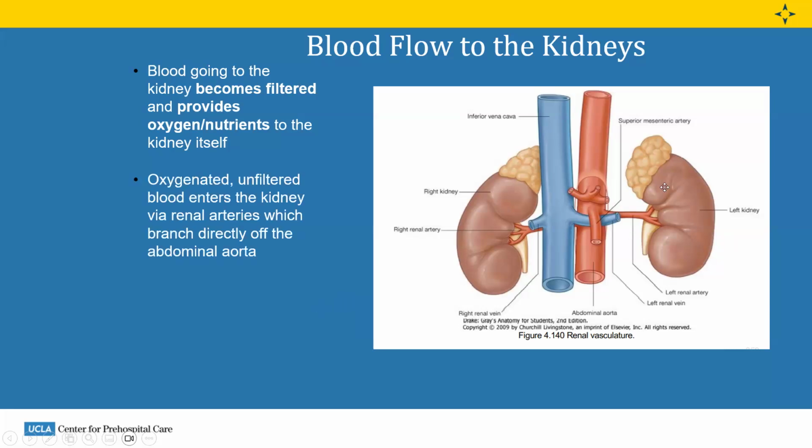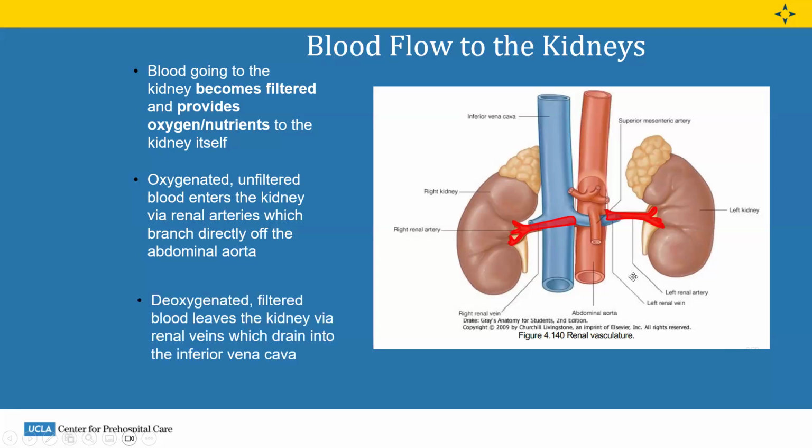So after the kidney has filtered the blood and used up the oxygen from that blood, it's going to send filtered, deoxygenated blood to the inferior vena cava through these renal veins. Okay, so that's our oxygenated blood going to the kidney, becoming filtered, and then deoxygenated blood returning from the kidney to the inferior vena cava.